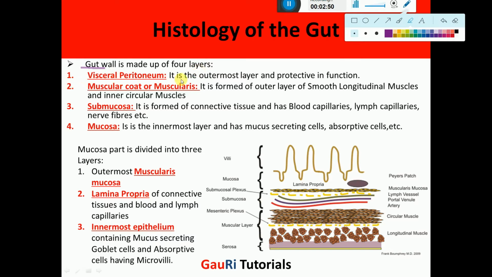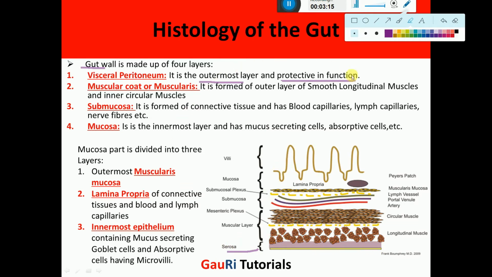First is the visceral peritoneum. This is the outermost layer, and it is protective in function. It is also called serosa. This region is the outermost region, and this is the innermost part.